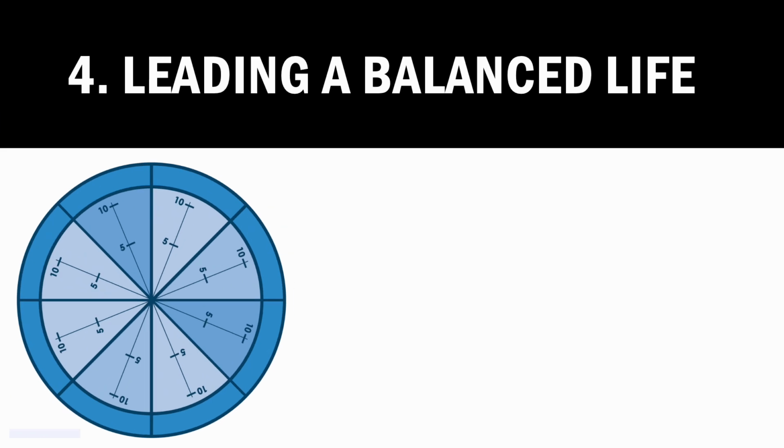Tenet number 4, leading a balanced life. Illustrated on the left-hand side here, you will see a life balance wheel that you can find on the SMART website, in the SMART handbook, and on the SMART YouTube channel.